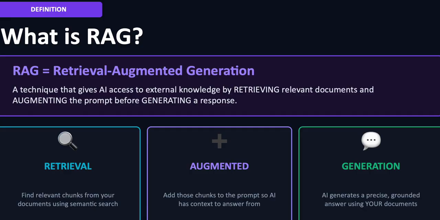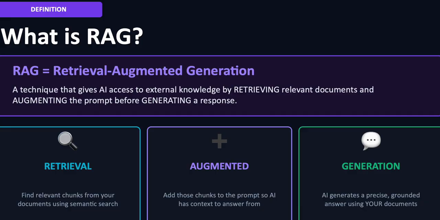Let me give you a real world analogy. Think about an open book exam. In a closed book exam, you can only answer from memory. That's normal ChatGPT. But in an open book exam, you bring your textbooks, notes, and reference materials.